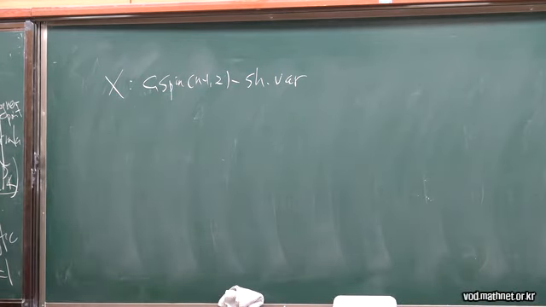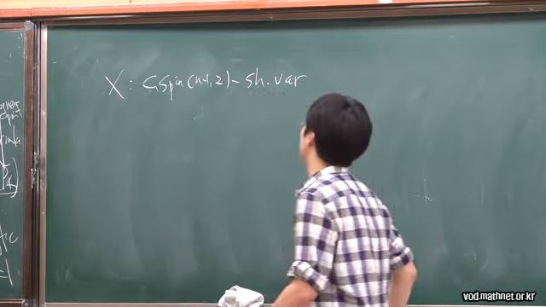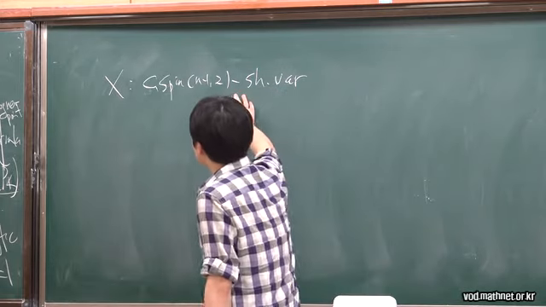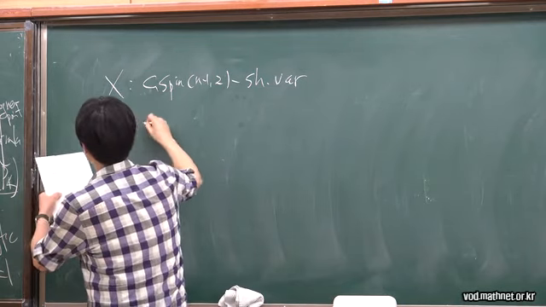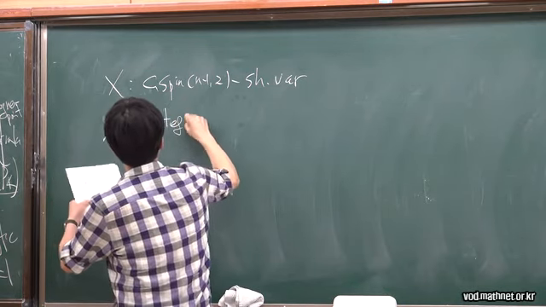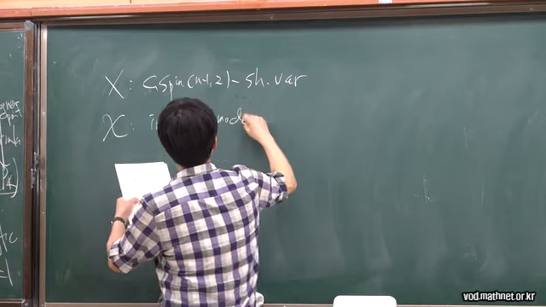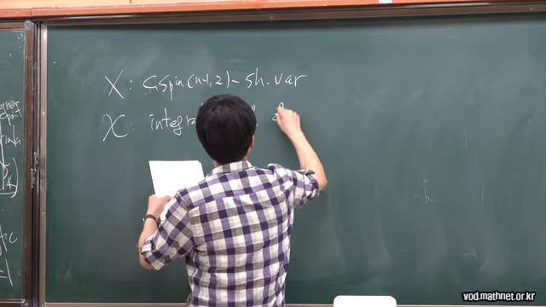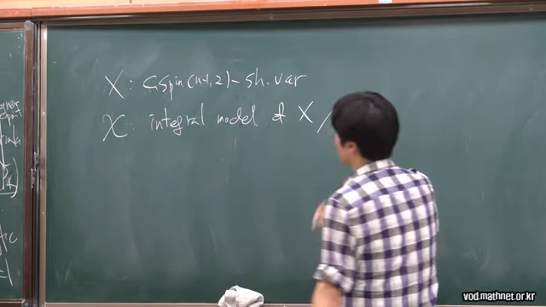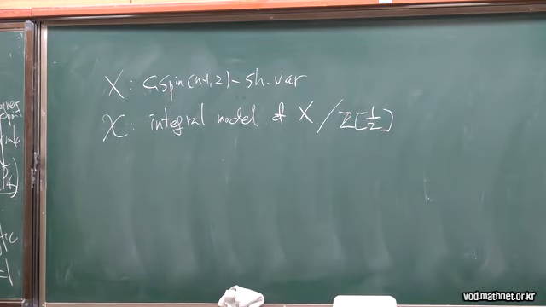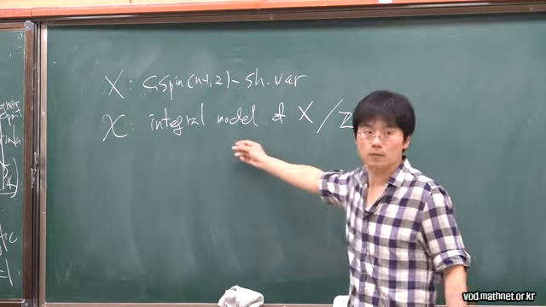This work actually has a long history, starting from Kudla, Kudla-Millson and Rapoport. There are lots of works about that, including Wei Zhang and Shou-Wu Zhang. Okay, but the remaining hard question is the following. Let me consider this integral model over X defined over Z, possibly away from 2. Then the first problem is, what is this integral model?